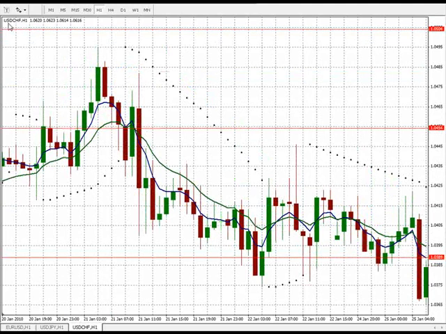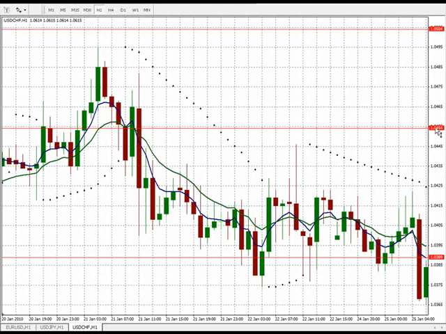Okay, so looking at the US dollar Swiss franc on the 1 hour chart, again, we're looking for our indication to enter the trade. And once again, that happens when the blue line, which is the EMA 5, crosses below the green line, which is the EMA 12, so that has happened at this point. And when that occurs, we need the parabolic SAR dot to appear above that candle, and that happened in this case.